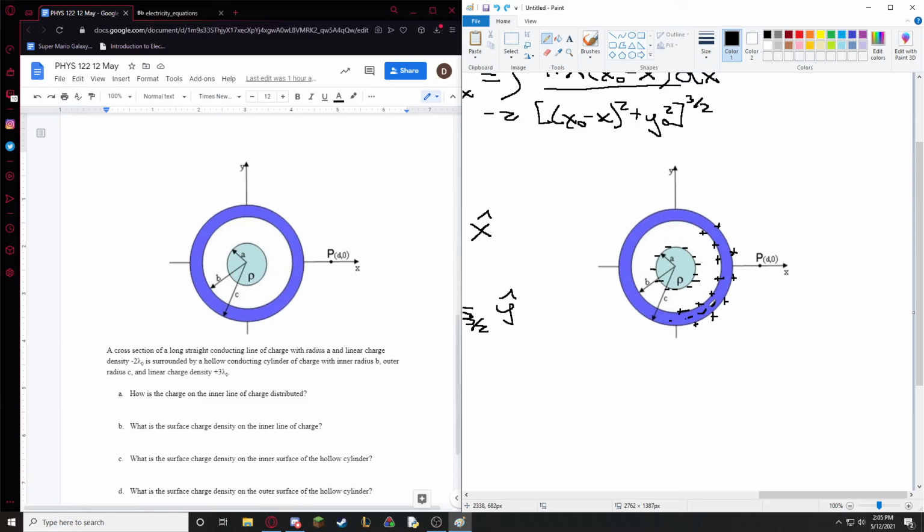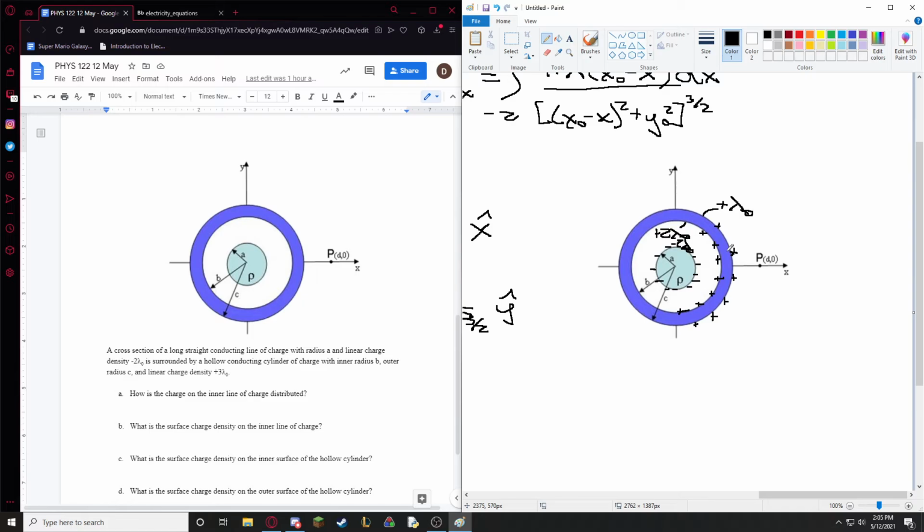All right, I see. So we have -2 lambda naught here. We're going to have +2 lambda naught here, and then our remaining +1 lambda naught on the outside.